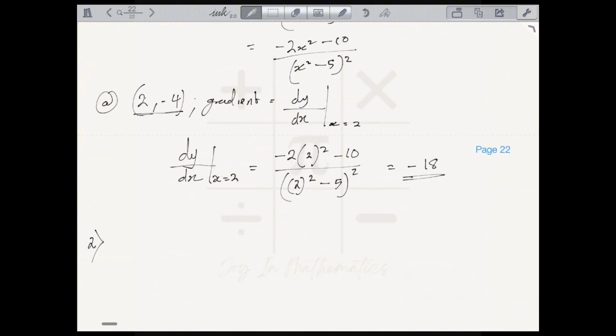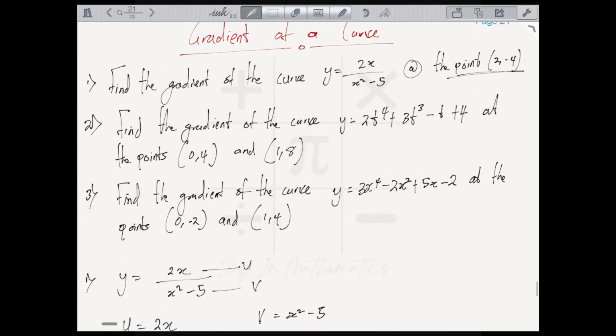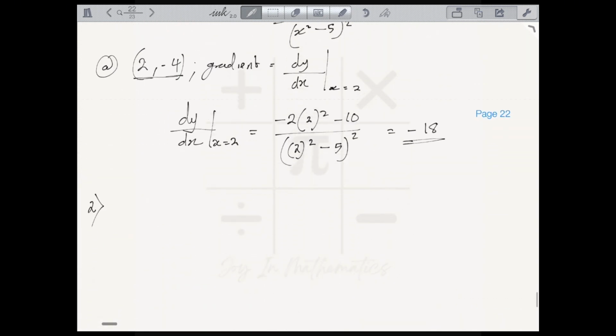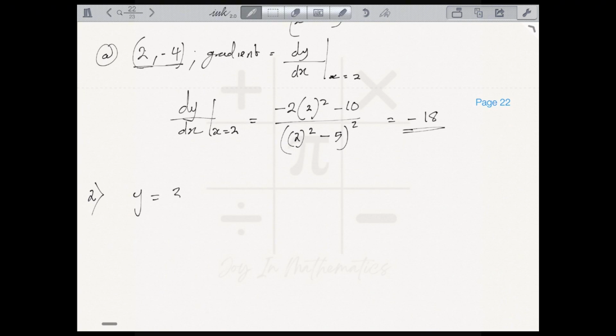And let's look at the second question. It says, find the gradient of the curve of this equation: y is equal to 2t raised to the power 4 plus 3t squared minus t plus 4.